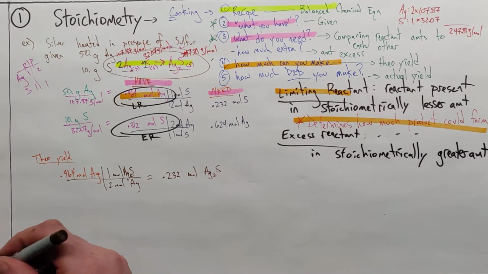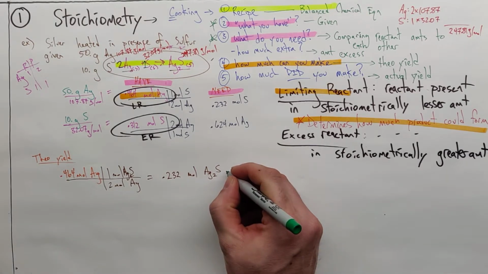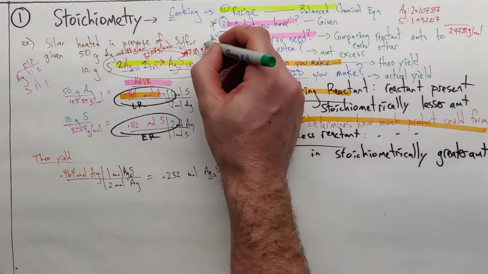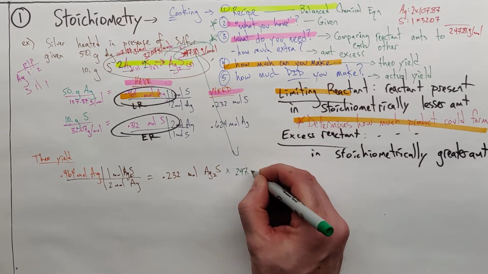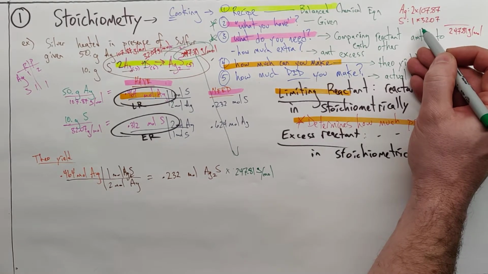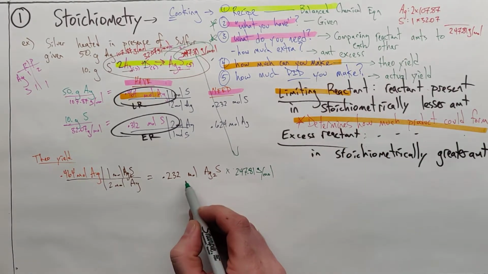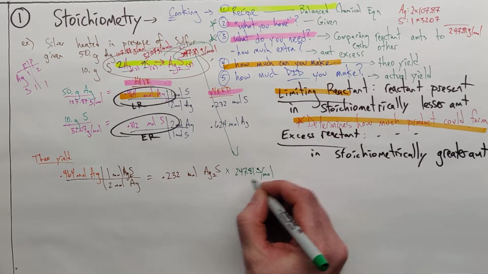But I think it's very practical in a laboratory setting to turn that into a mass. So we would just multiply by the molar mass, and we had the molar mass up here. That was 247.81 grams per mole, and again, we got that by adding up the pieces. So once again, we have moles of silver sulfide. We multiply by the molar mass that we calculated, and that gets us a gram amount.